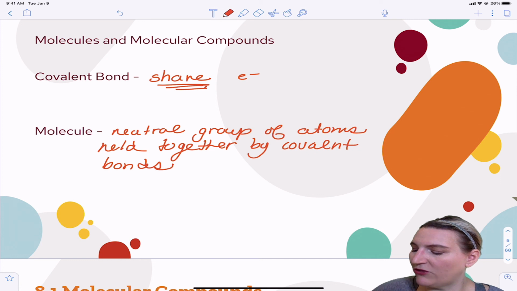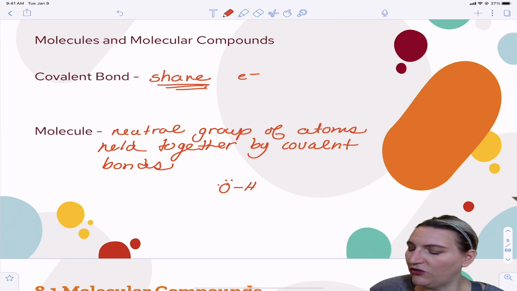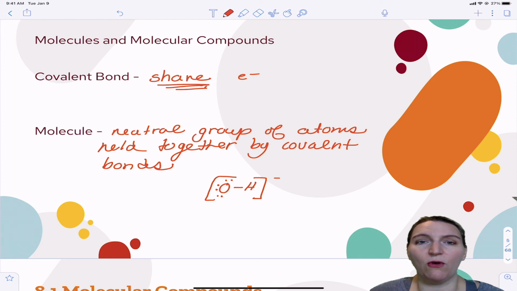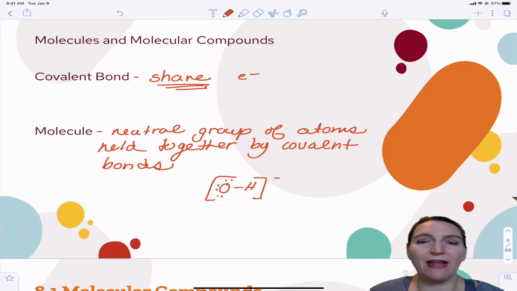Well, if you think about hydroxide, it is 2 nonmetals, oxygen and hydrogen, where they do share a pair of electrons. So it sounds like we could call it a molecule, but because there is overall 1 more electron than there are protons, it overall has a negative charge. So we don't call that a molecule.